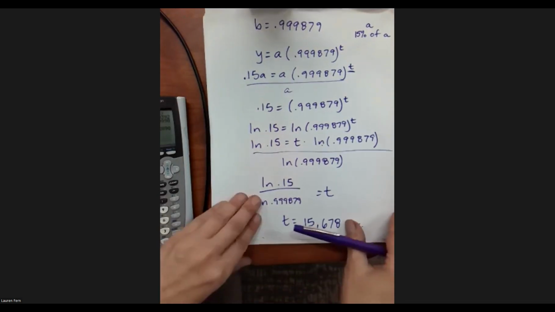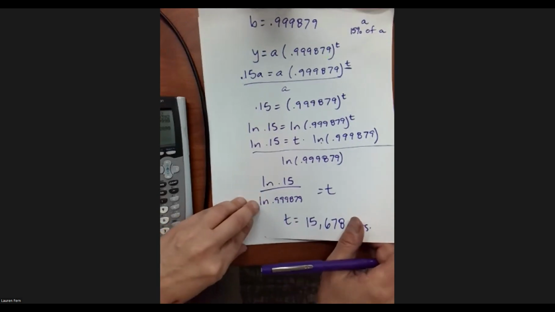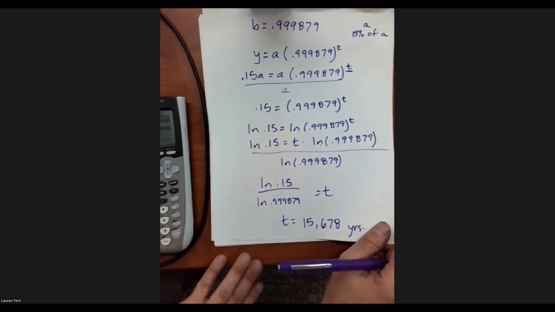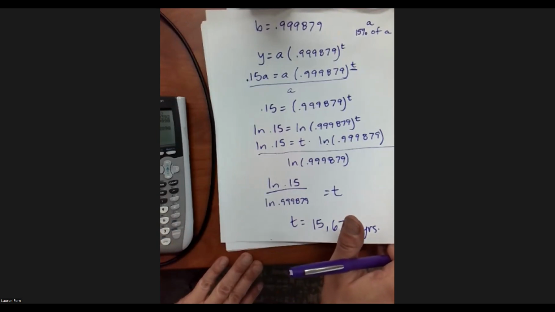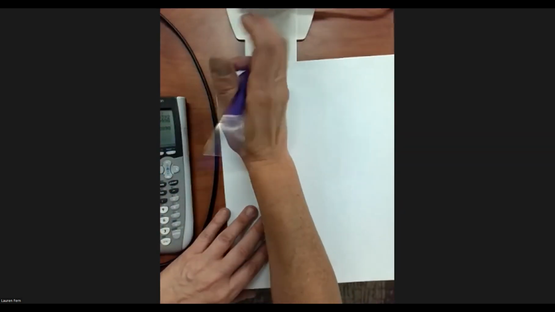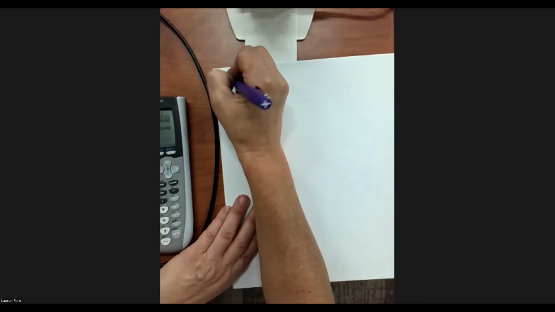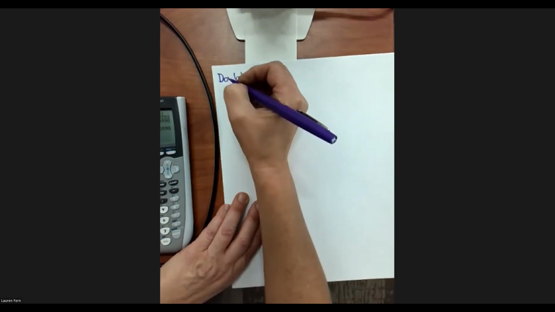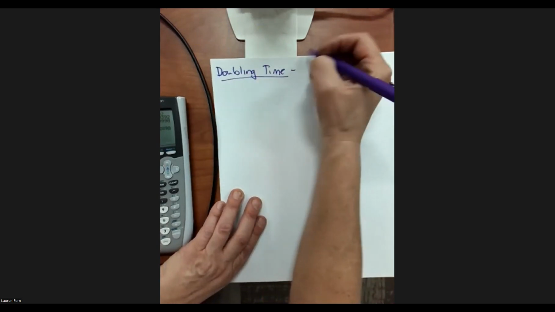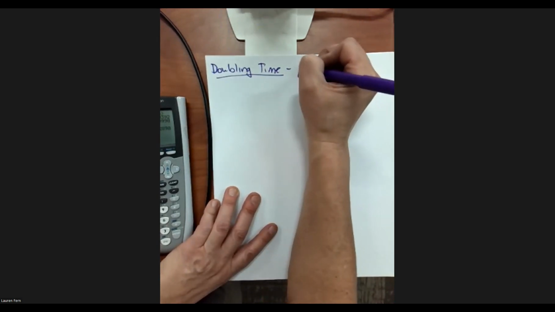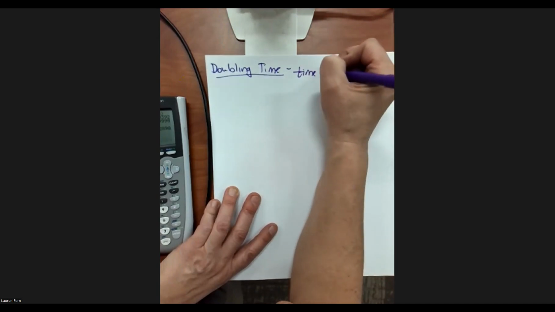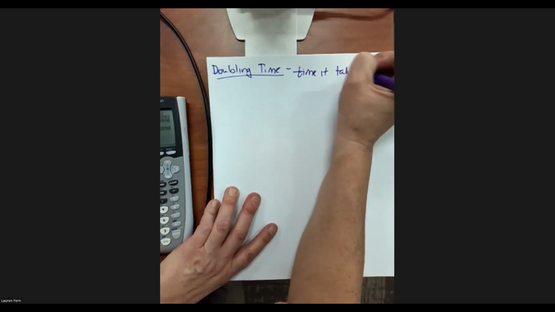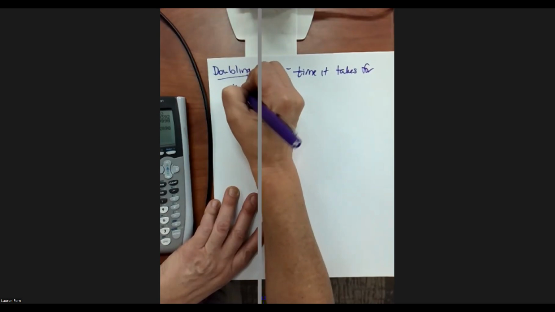All right, y'all ready? One more example for today. Okay, so along the lines of half-life, there's also something called doubling time. As you might intuit, the doubling time is the time it takes for the quantity to double.